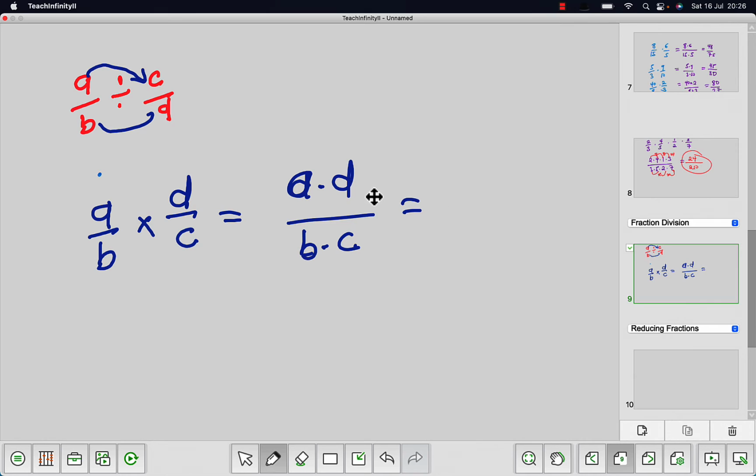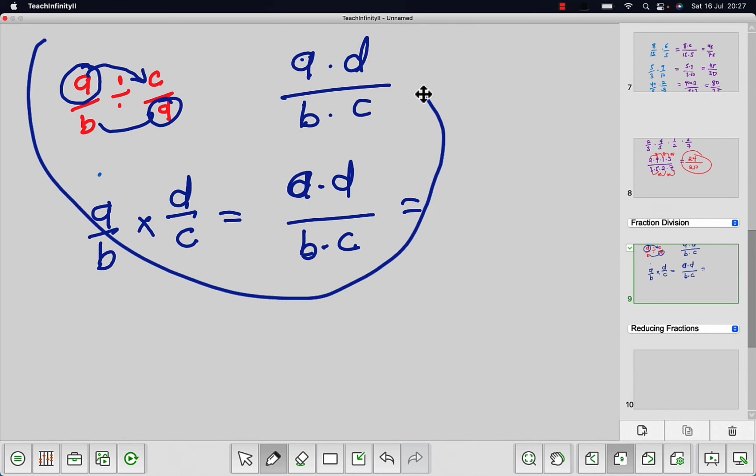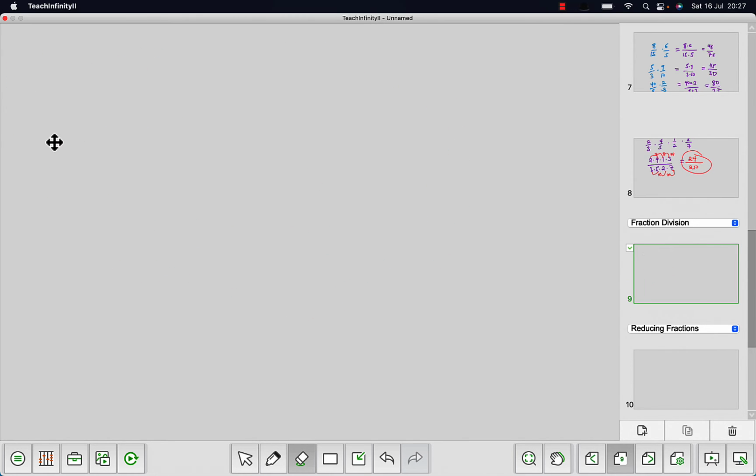Alternatively, you can multiply the numerator of the first fraction, which is a, by the denominator of the second fraction, which is d, and the denominator of the first fraction by the numerator of the second fraction, which is c. Apparently this is the same concept being taught in two different ways. It's the same concept. I hope you get that. Let's look at some examples.